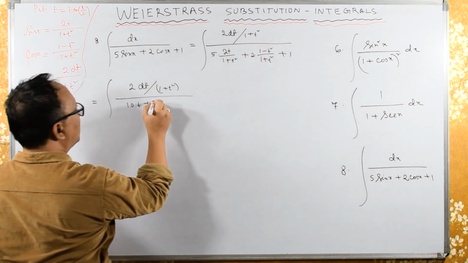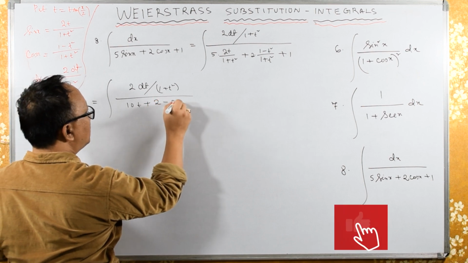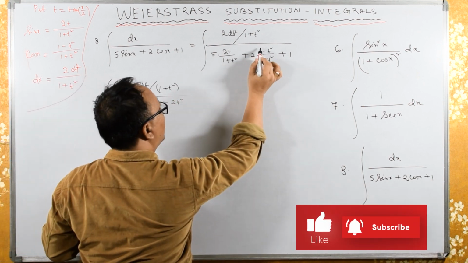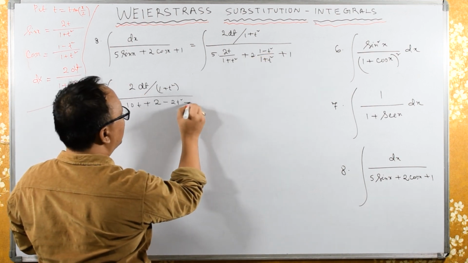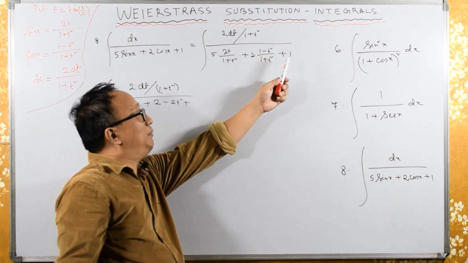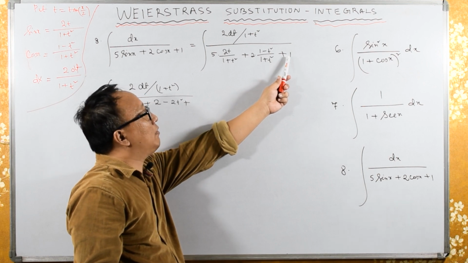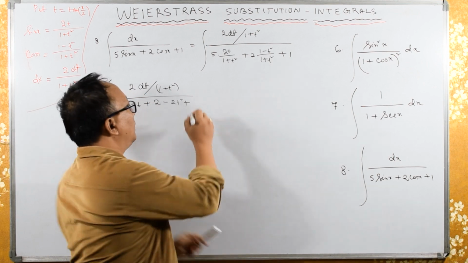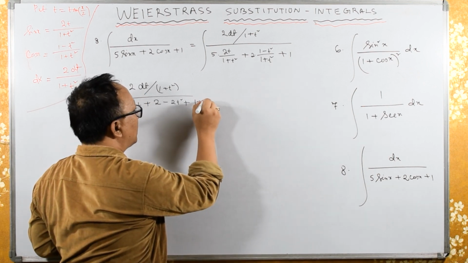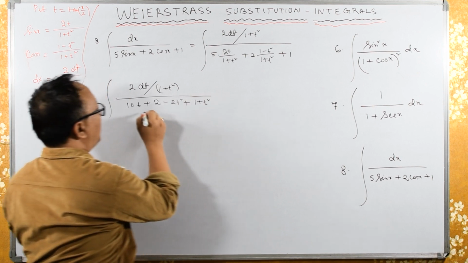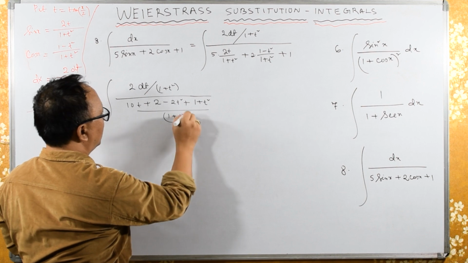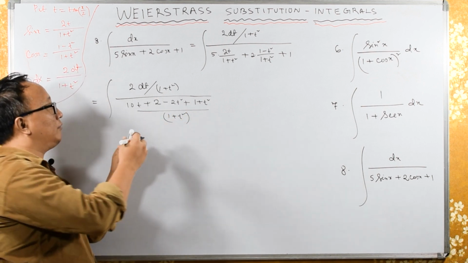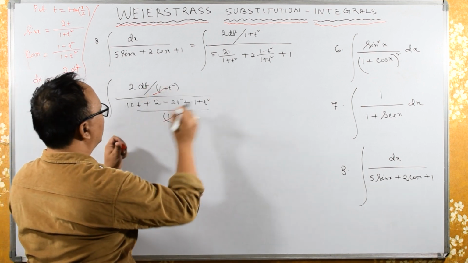Here 2 minus 2t square. Why? 2 into 1 is 2, 2 into t square is 2t square. Okay, look at here, be careful, over here we have 1. 1 into this will come. Therefore it will be 1 plus t square upon 1 plus t square. This 1 plus t square and 1 plus t square gets cancelled.